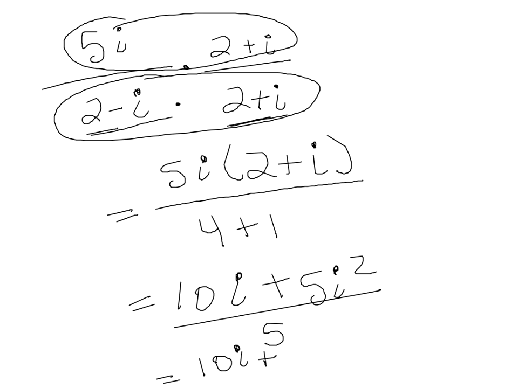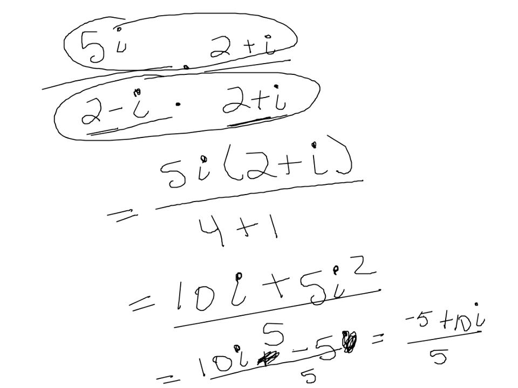So 10i plus minus 5, all over 5. So I'm going to rewrite that as minus 5 plus 10i over 5 equals minus 1 plus 2i. And my MyMathLab will want you to reduce that.